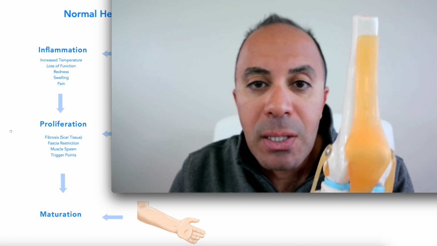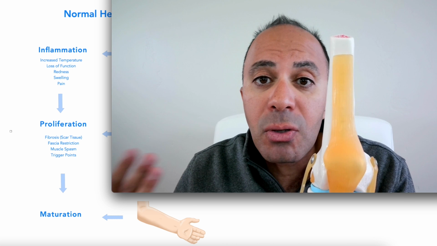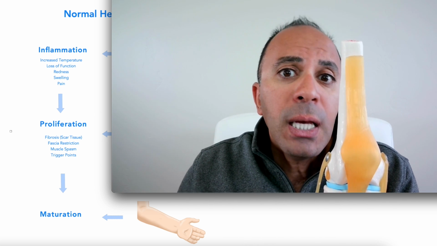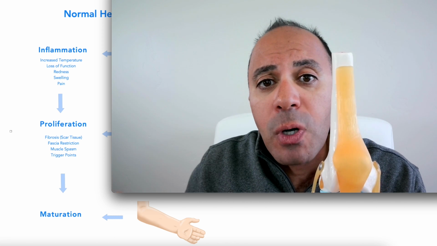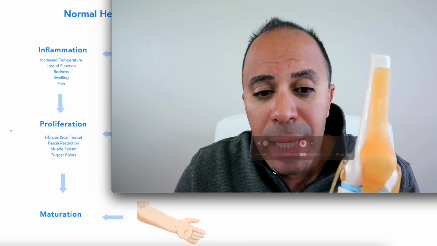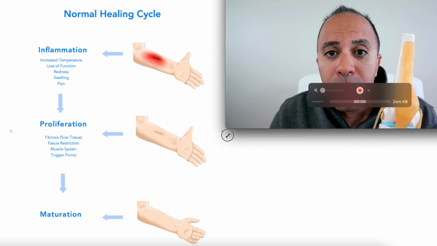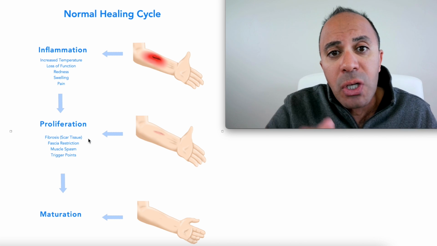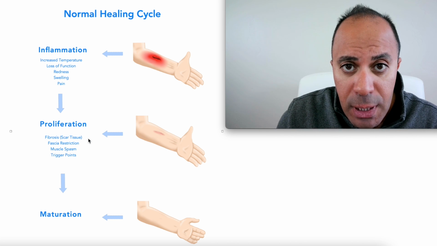Think about it this way: when you have muscular imbalance or tightness, it's like your car is out of alignment. You're going to wear your tires more on one side compared to the other, and you will have issues with that. That usually happens with excessive scar tissue or fascia restriction in relation to the proliferation stage.